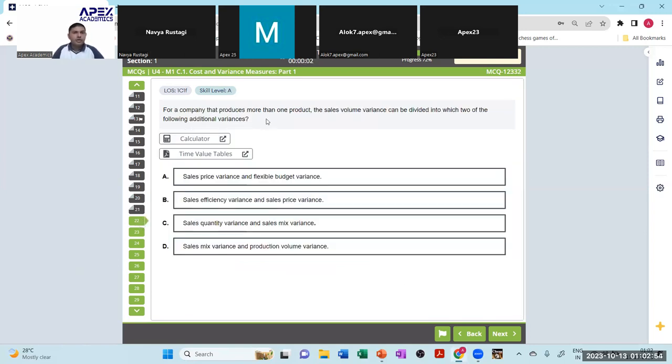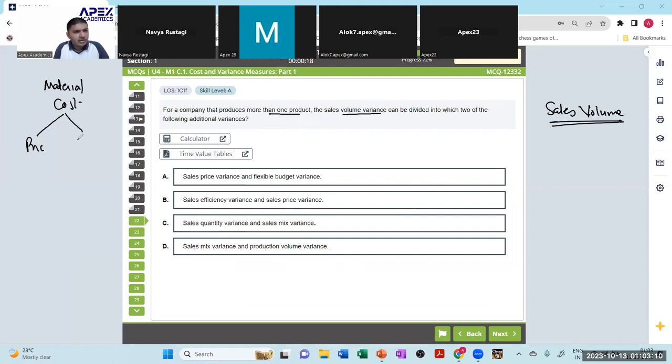For a company that produces more than one product, the sales volume variance. Sales volume बाद में देखते हैं. एक मिनट यहां देखो. मटेरियल कॉस्ट वेरिएंस, इसके अंदर क्या क्या आता है? मटेरियल Price और usage. मटेरियल यूसेज में क्या आता है? मिक्स और सब यूसेज. सब यूसेज का दूसरा नाम क्या है?